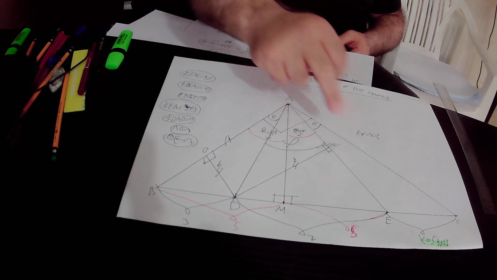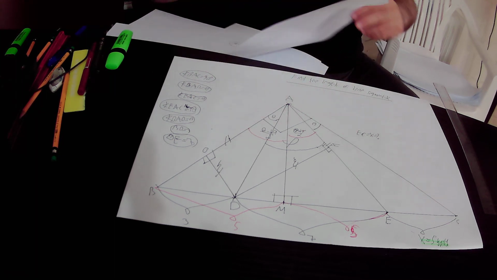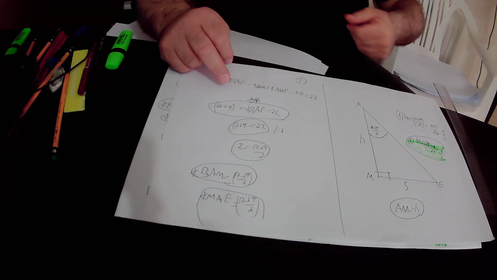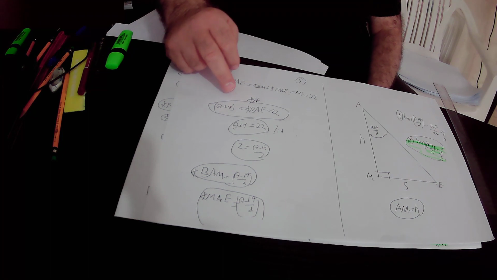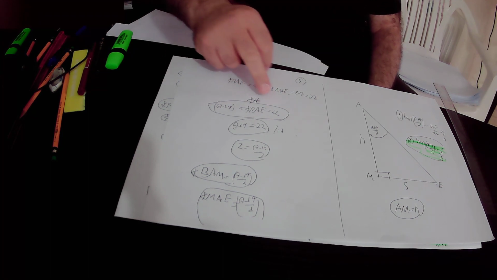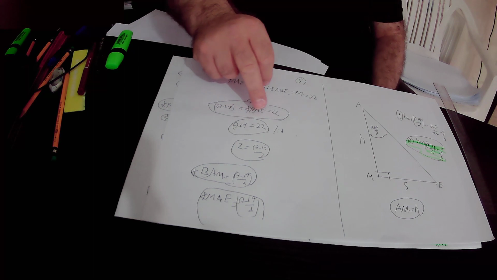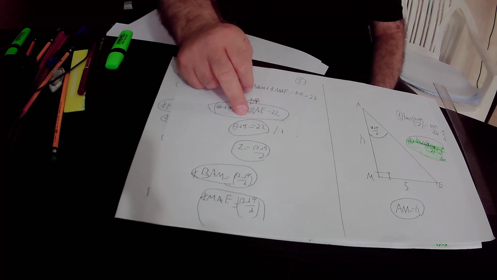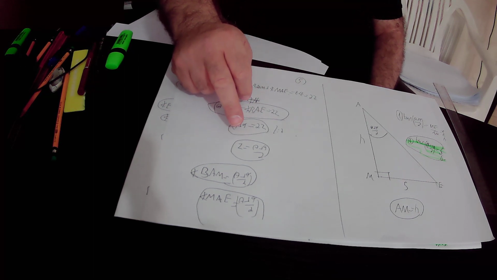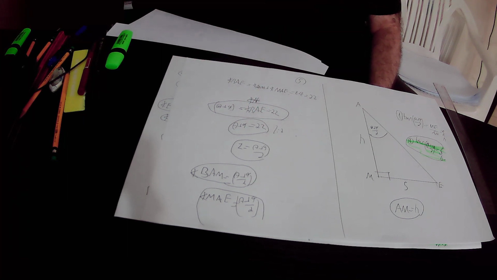From this equation, we derive that theta plus alpha equals 2Z. We divide this equation by 2, and we get that angle Z equals theta plus alpha over 2.